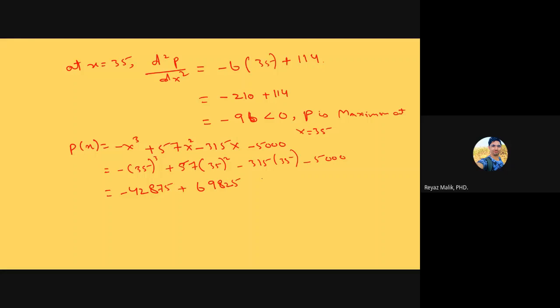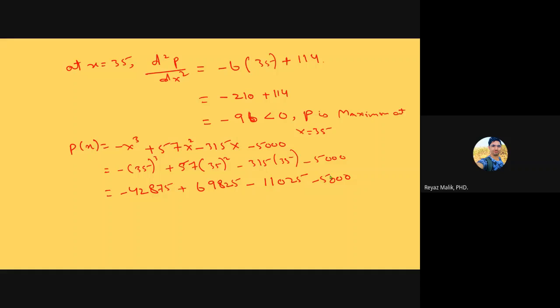This is the second term. Minus 315 into 35 is 11025, minus 5000. So these are our total terms. Only one is plus, others are minus. So I will add all the minus values.